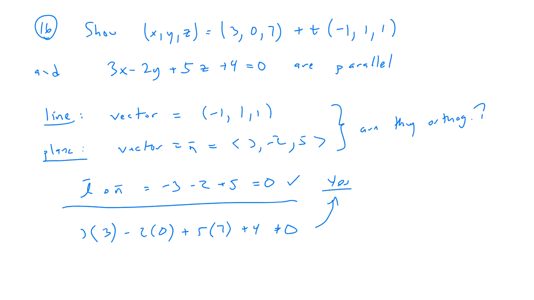So this is showing that the line is not actually in the plane, it's separate from it, which means that they're really parallel no matter how you define it. Any other questions on this?